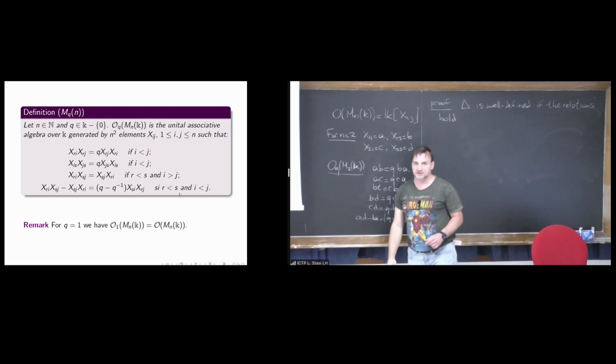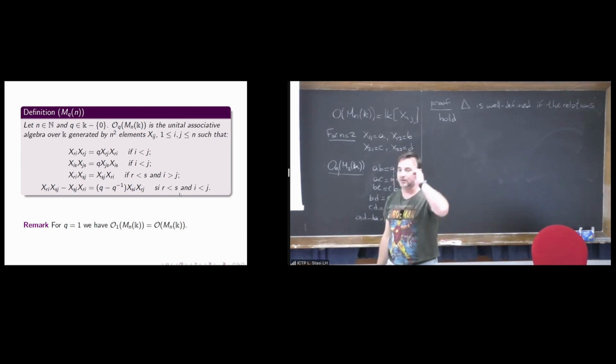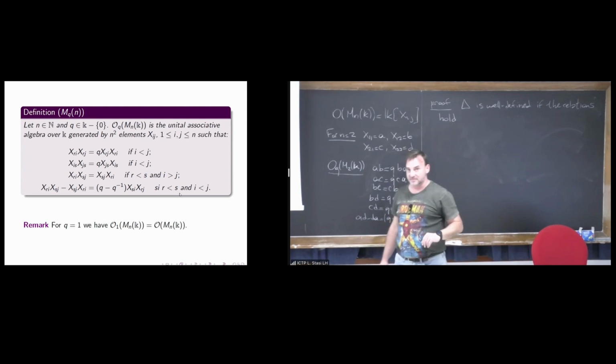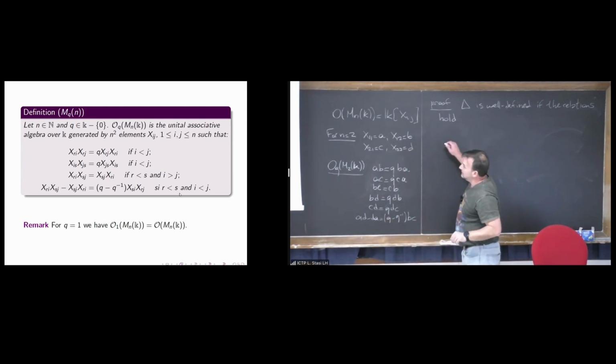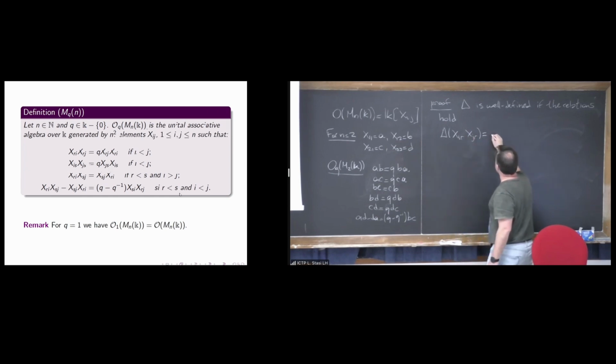One way to say that is that the relation holds, or that the ideal of relations is a bi-ideal. It's the same thing. But let's do one relation. What do I mean by that? If we apply the comultiplication on one side, it should be the same as applying the comultiplication on the other side.